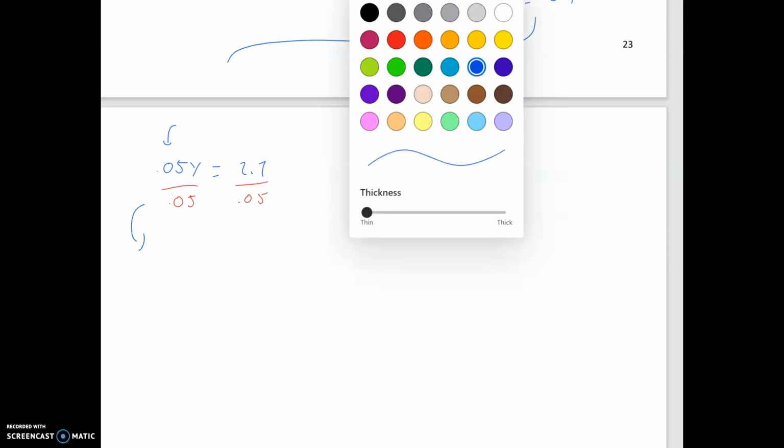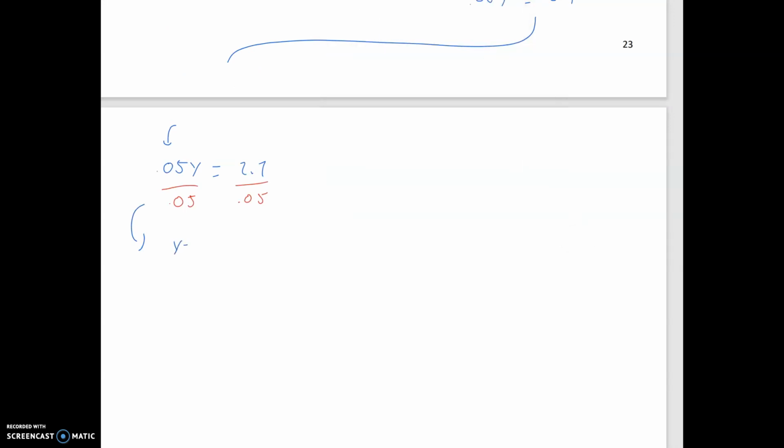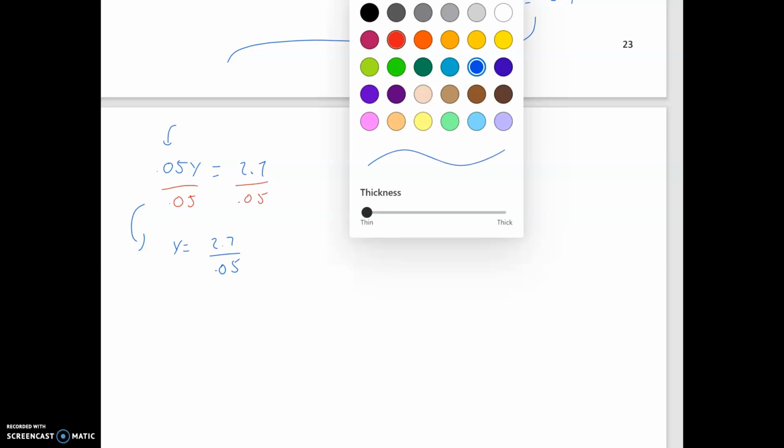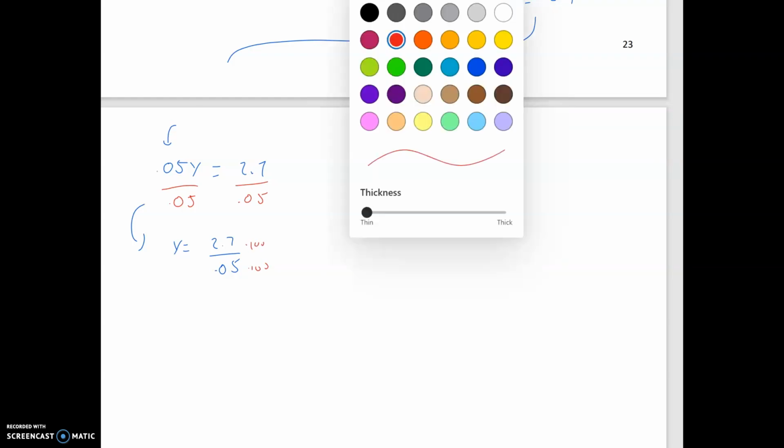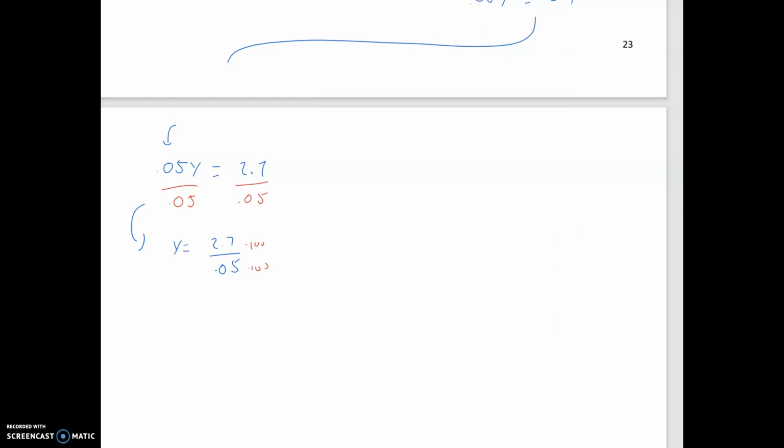Our y value is equal to 2.7 divided by 0.05. And before we carry the long division, we're going to multiply by 100, by 100. This is going to give us 2700 divided by 5.